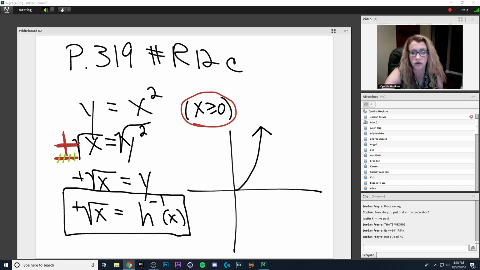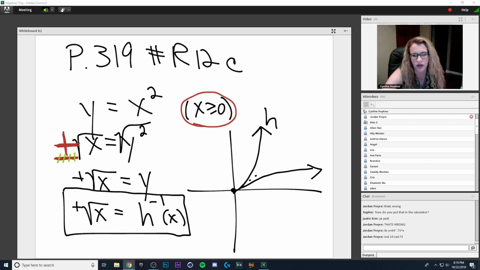I would plug in values for x for my original function. I already know that's going to be a parabola that opens up, but since they specified only x's that are greater than or equal to 0, I only get the right half of that function. When I draw the inverse function h inverse, I'm going to end up getting this half of the parabola.